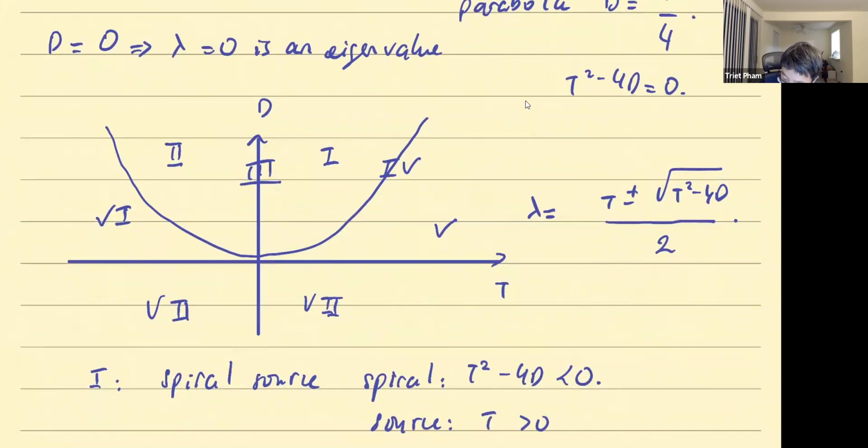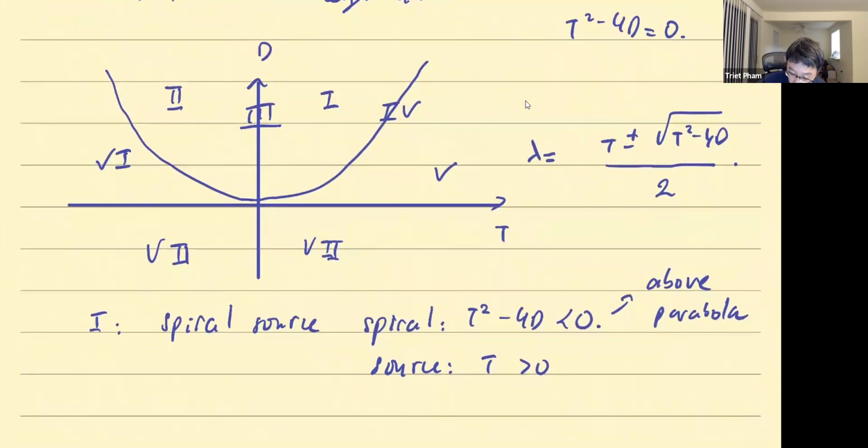This is because it's above the parabola. Then I guess you can see what 2 is. What's 2? Spiral sink, exactly. Same as 1, only with t negative. What about 3 then? Exactly.